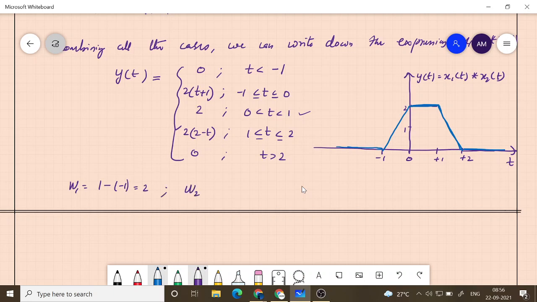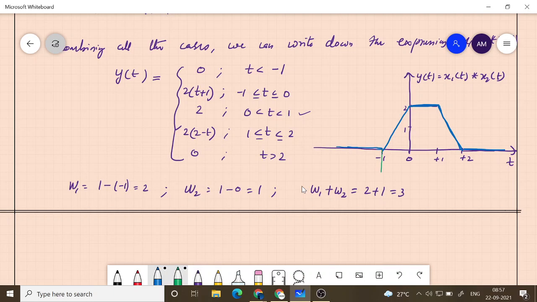And W2 was from 0 to 1, so it is 1 minus 0, which is equal to 1. So W1 plus W2 is 2 plus 1, which is equal to 3.